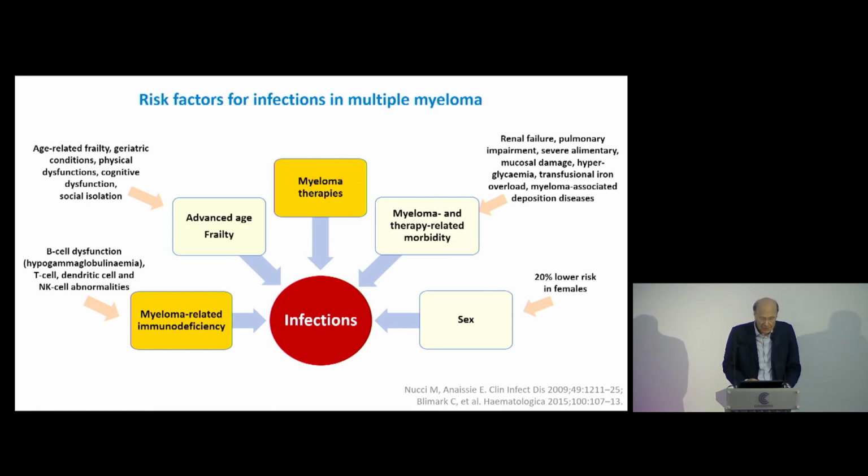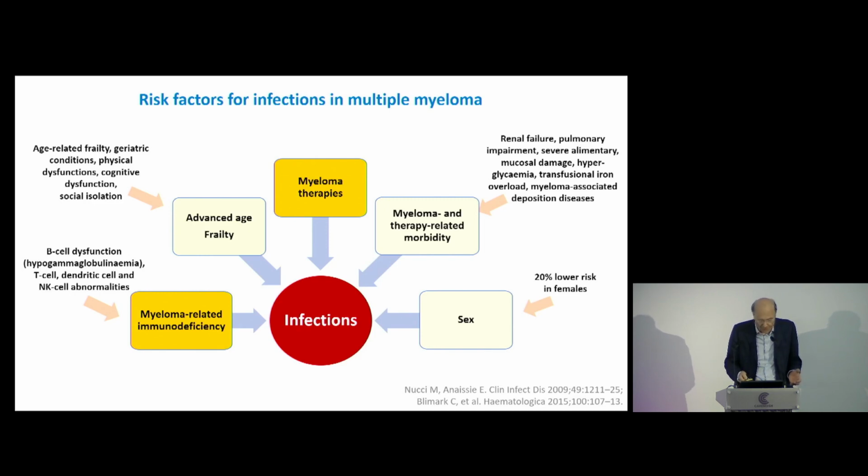Advanced age, of course, and myeloma and therapy-related morbidity. And of course, men are discriminated, as usual, because female patients have a lower risk for infection, 20% lower risk for infection in general. This has not been shown for the new drugs, I must say.